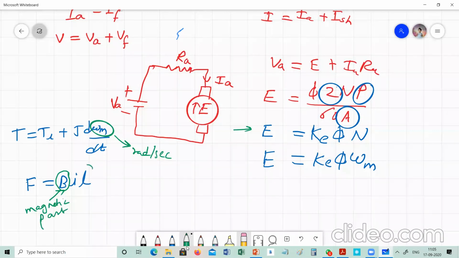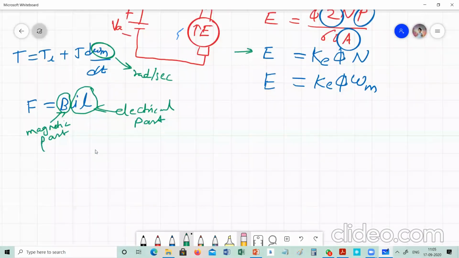And I into L is nothing but the current in the conductor of length L. This part is the electrical part, and because of the interaction between the magnetic part and the electrical part, electromagnetic induction will take place.